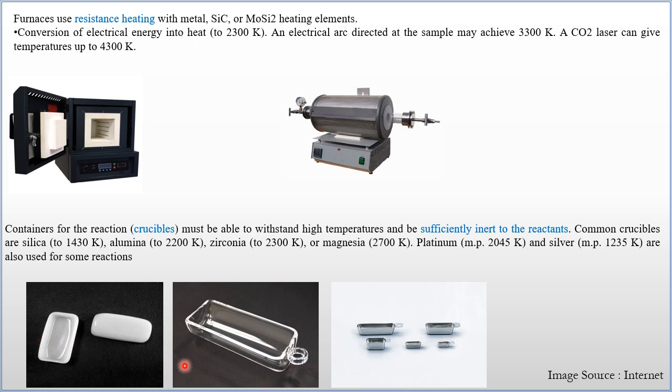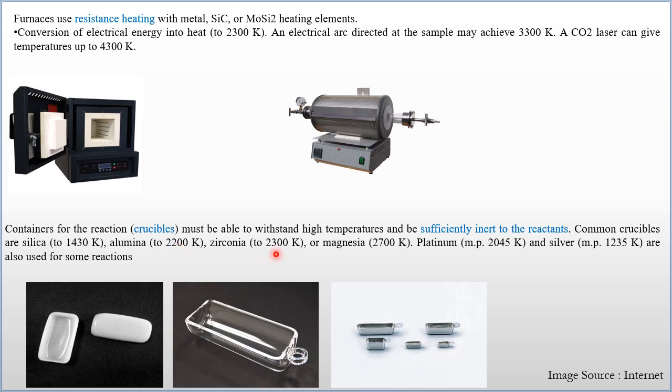So you have to keep that in mind while choosing a particular reaction vessel. This is a quartz boat, this is a platinum boat, and we can have a silica crucible, we can have an alumina crucible as well. You can see here the silica crucible is stable up to 1430 Kelvin. Alumina has more stability, it is stable up to 2200 Kelvin.